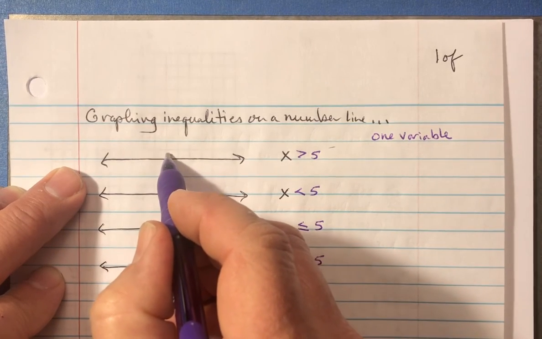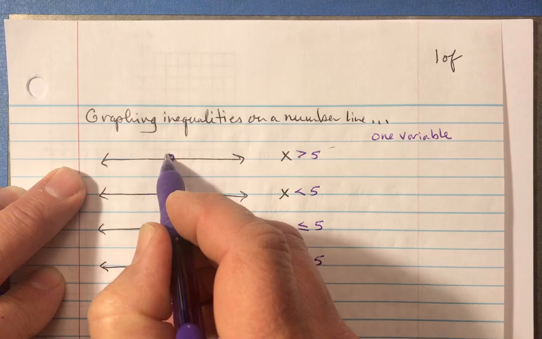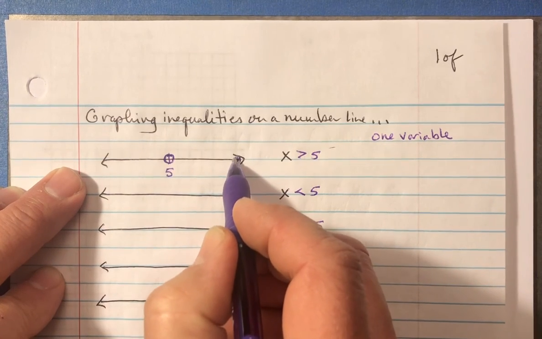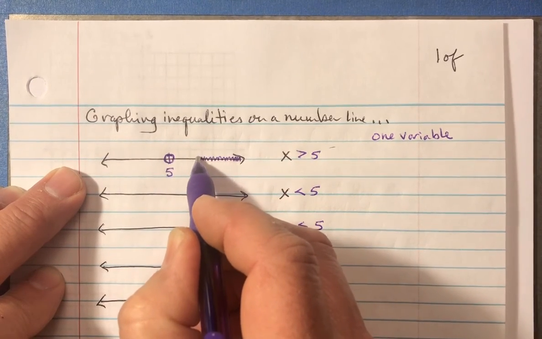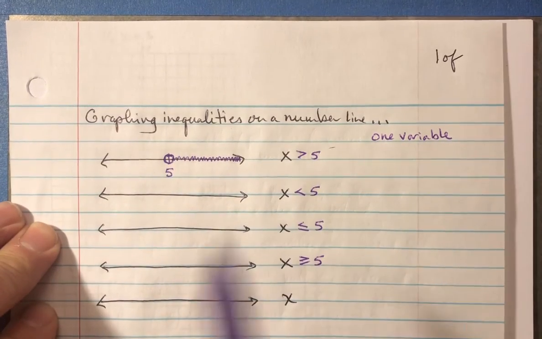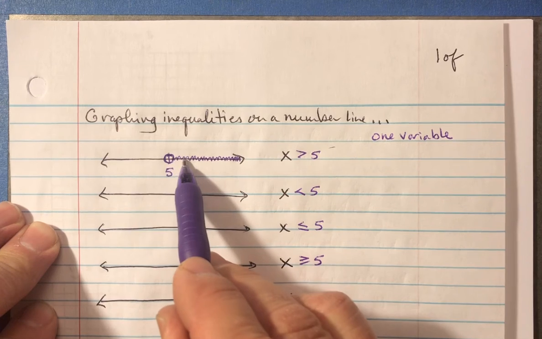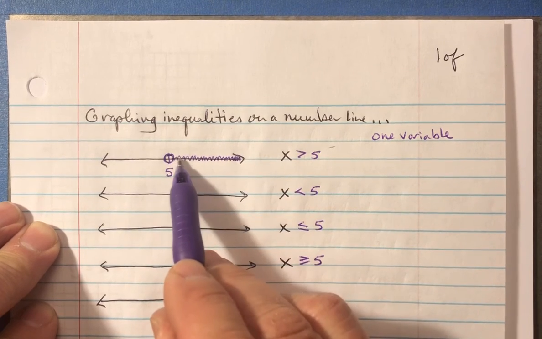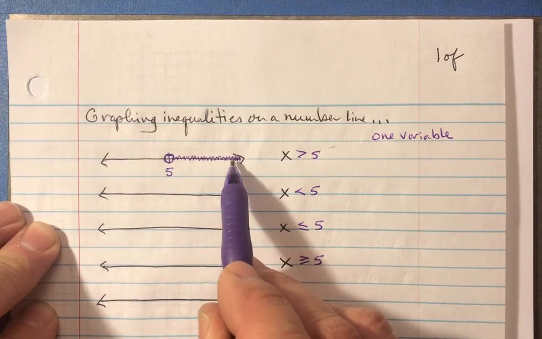So what we did is we put an open circle at 5, and then we shaded our number line and got as close to 5 without exactly getting there. And so all numbers greater than 5 would be to the right on the number line.